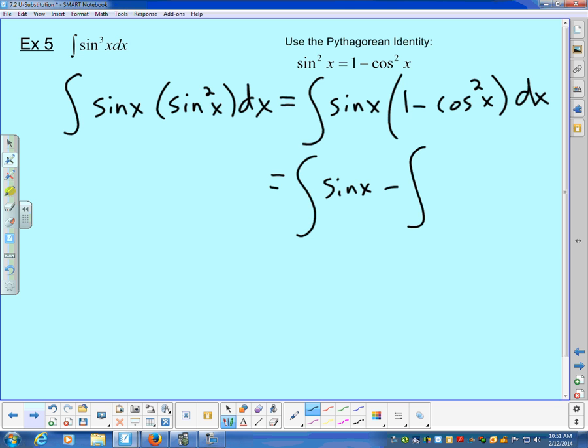Thinking ahead, it probably would have been better to leave it in. So I'm going to leave it in: minus sine x cosine squared x dx. So all I'm doing is distributing here.